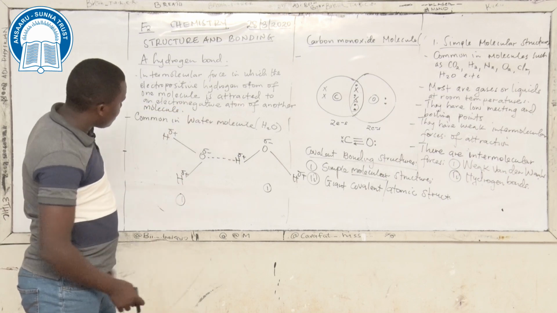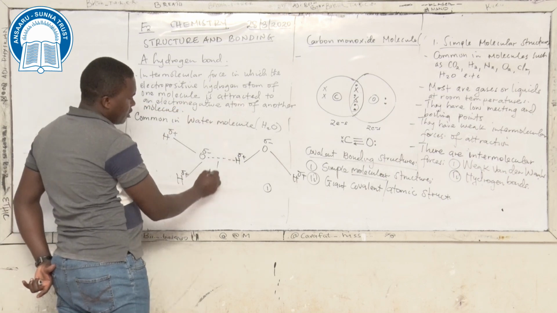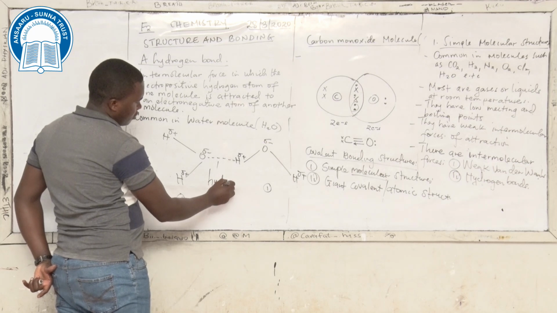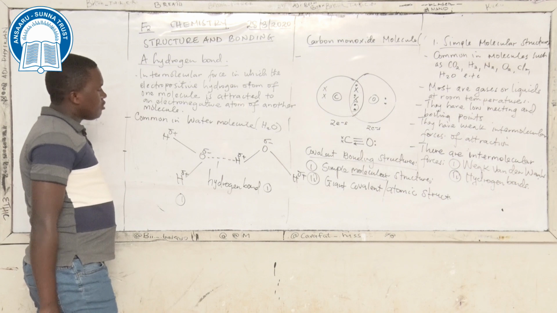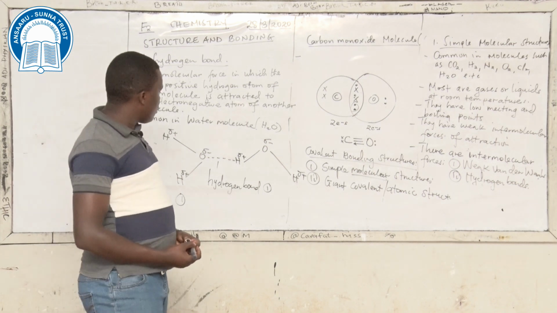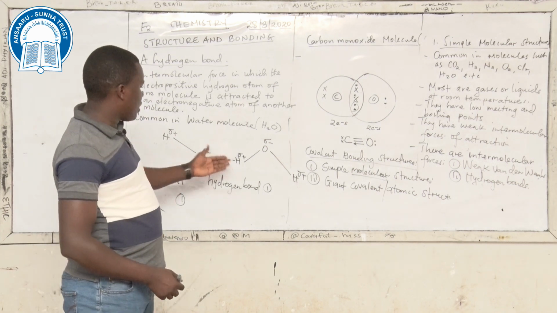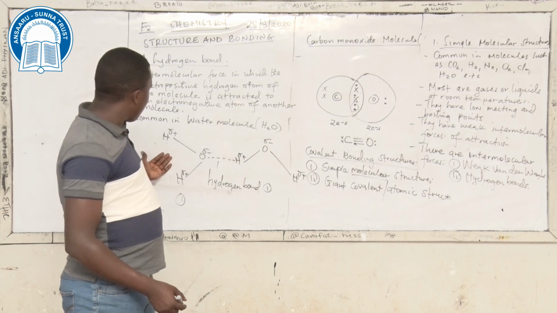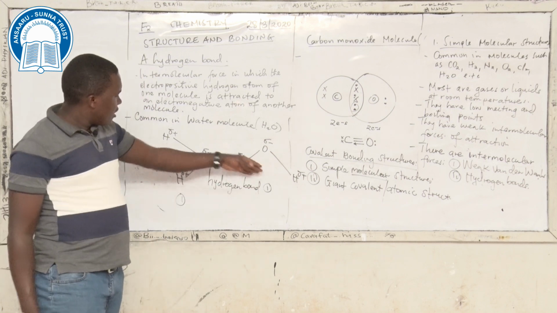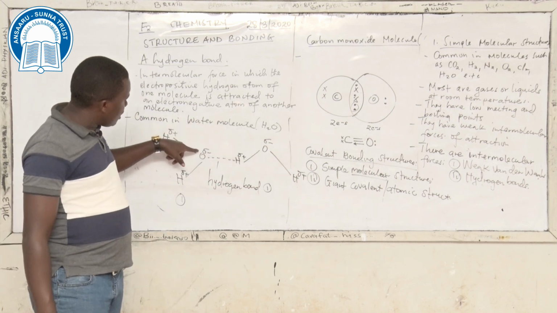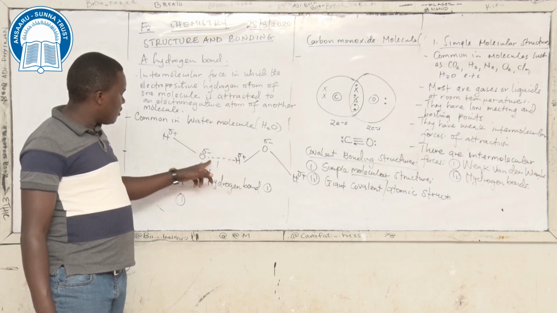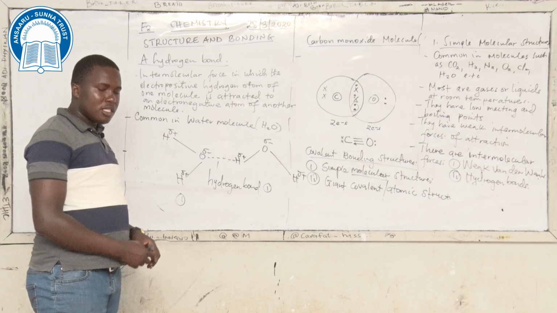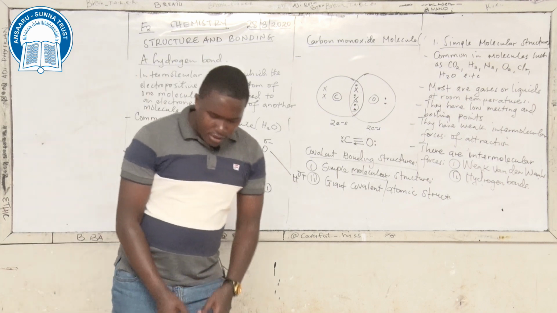So they will attract each other, and this is what we call the hydrogen bond. It is an intermolecular force because it links two molecules. This is one molecule of H2O, there's another one, and there exists some attraction between the electronegative oxygen and the electropositive hydrogen, forming intermolecular linkages called hydrogen bonding.